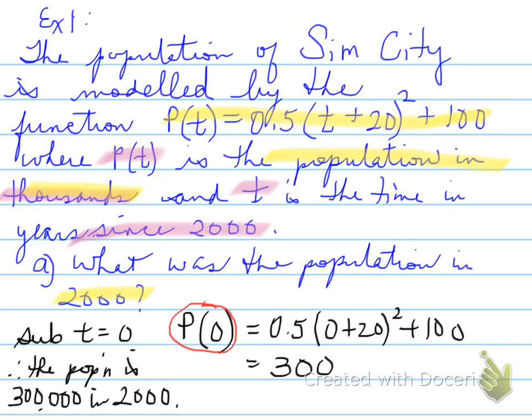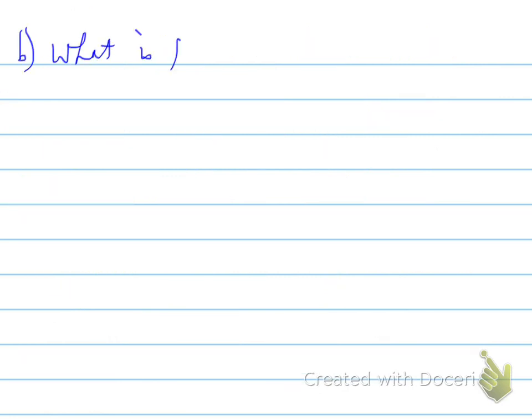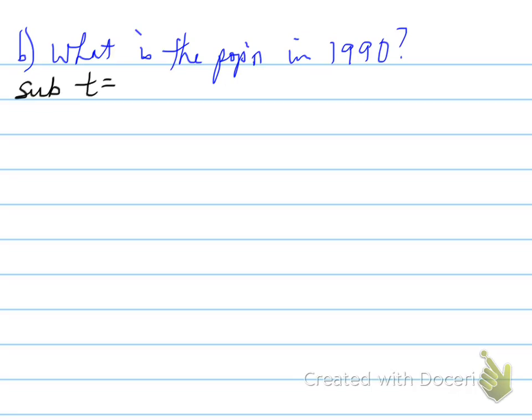All right, folks, moving on. Part B, what is the population in 1990? Well, how many years is it from 2000 to get to the year 1990? Hopefully you're thinking that t is going to be -10. That's right, -10, because 1990 is 10 years before the year 2000.